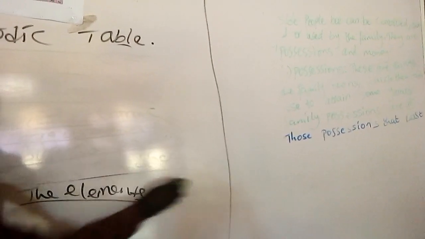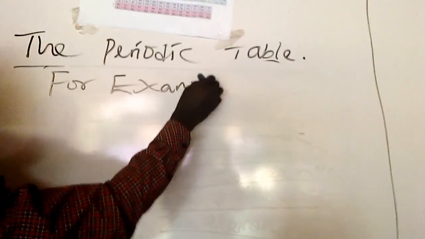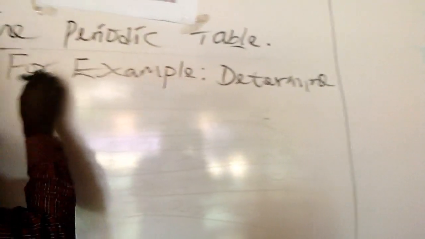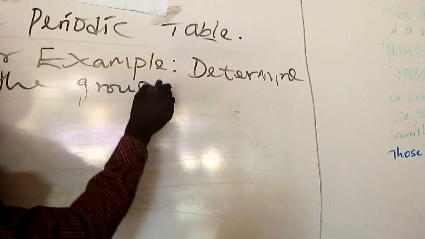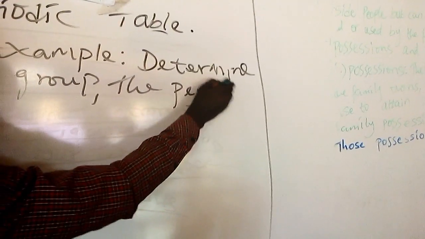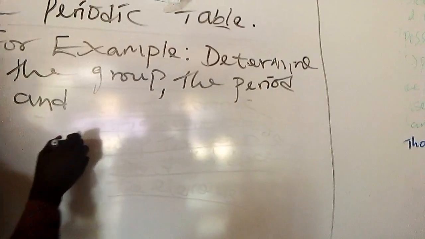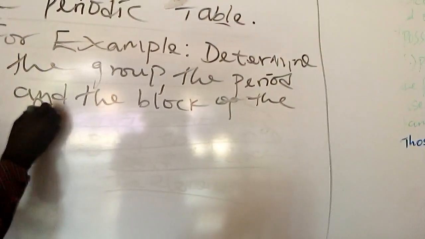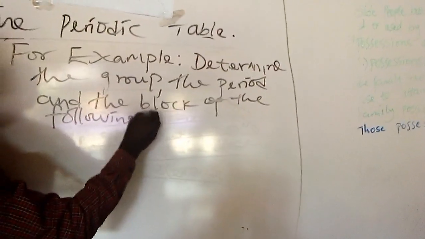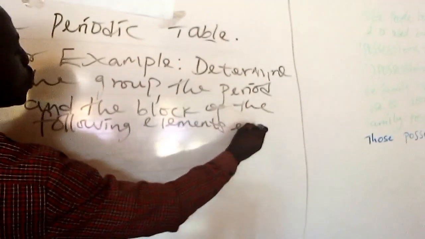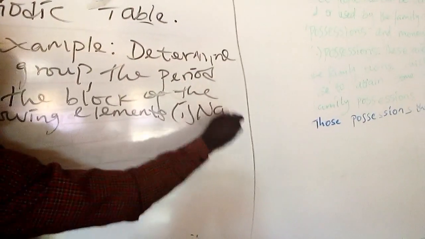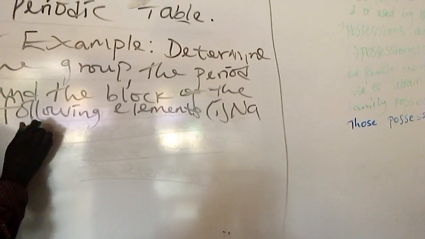Determine the group, the period, and the block of the following elements, for example: sodium and carbon.